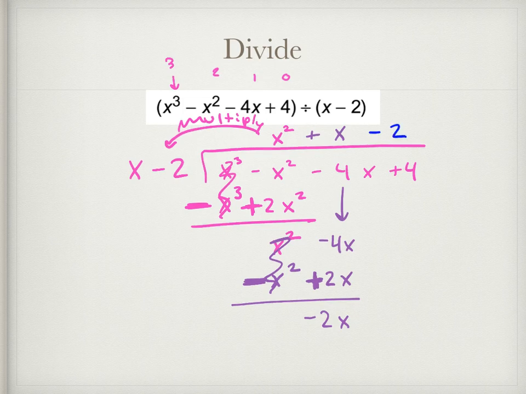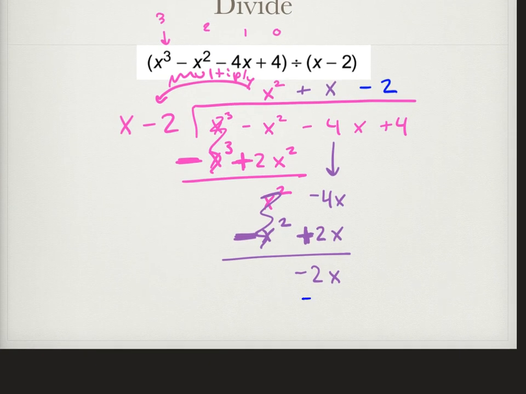Negative 2. So negative 2 times x is what? So we're multiplying out front again. Negative 2x. And what's negative 2 times negative 2? Positive 4. What do we do next?